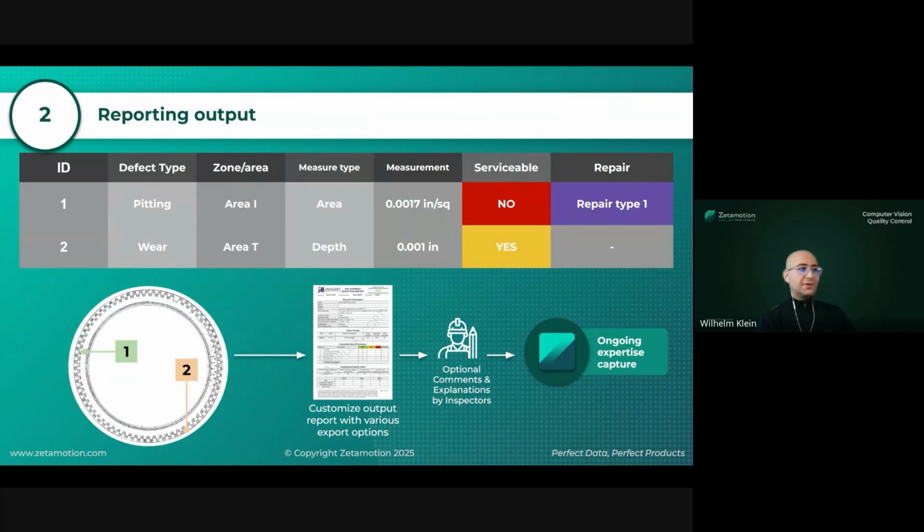When you have several inspection stations especially, but even from a single one, the amount of friction that can be reduced, the amount of time that can be saved, if you can very quickly go from the truth about your quality parameters to the next actions and what to do with it, is fantastic. And then also on the bottom right here, this expertise capture is a really important point as well.